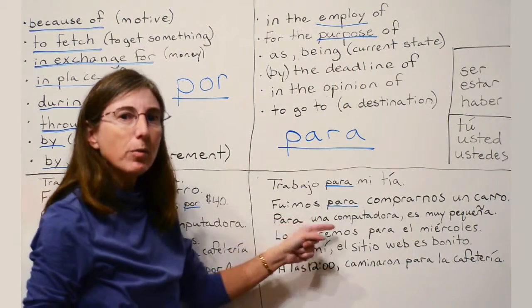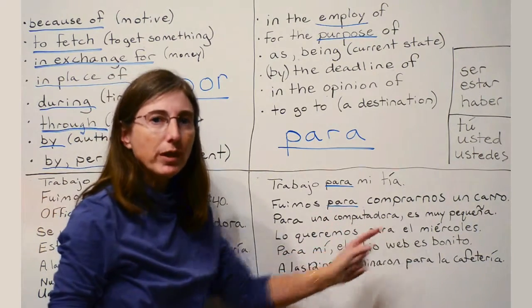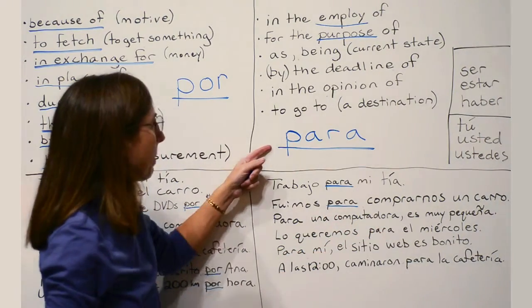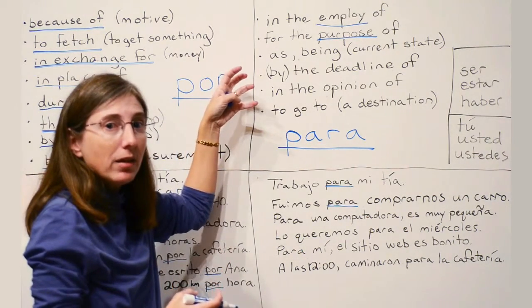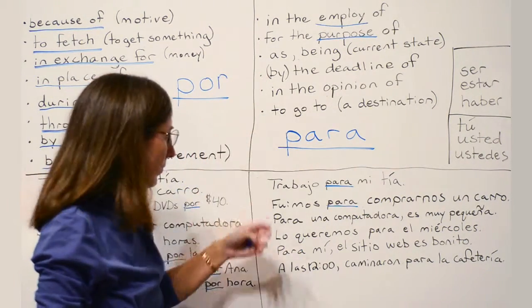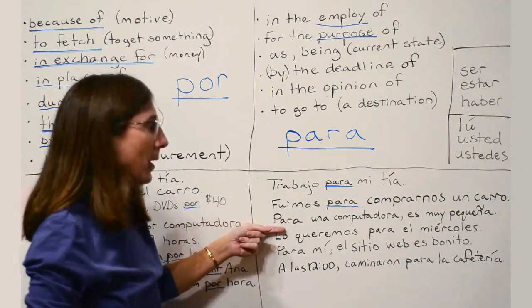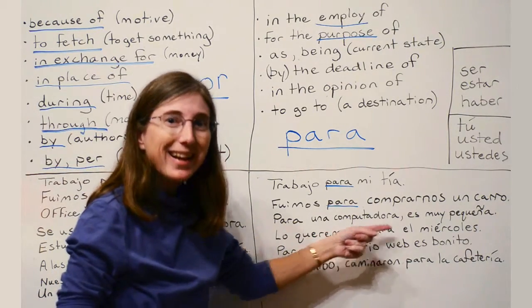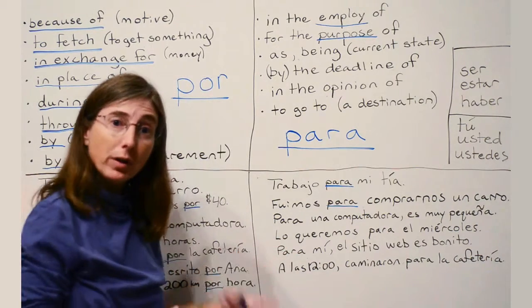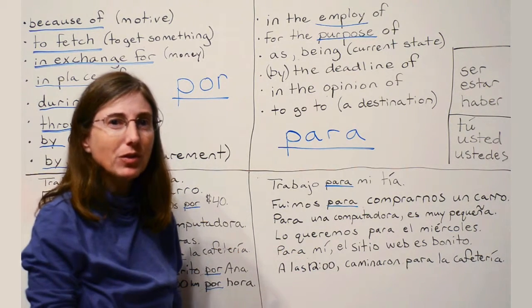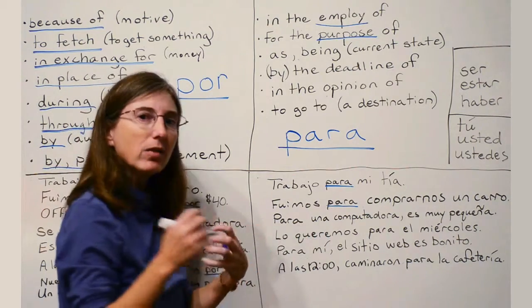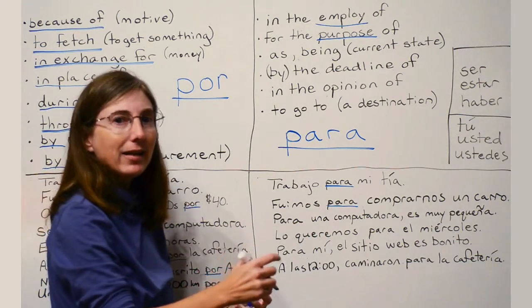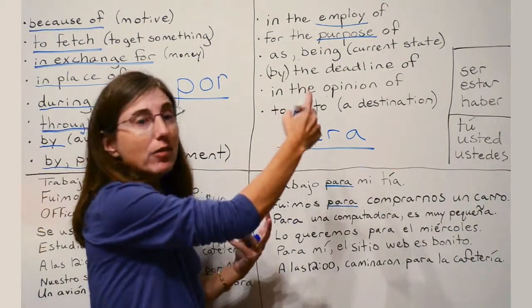We went for the purpose of buying ourselves a car. Para can also mean a current state of being, as in as, or for. Para una computadora es muy pequeña. For a computer, it's very small. You could say something like, for a child, he's very intelligent.